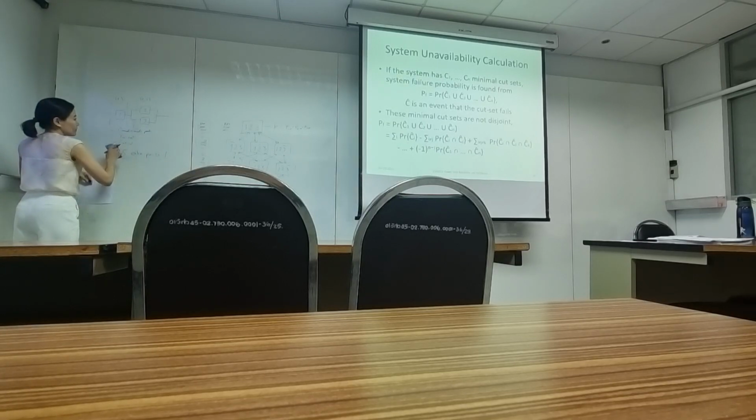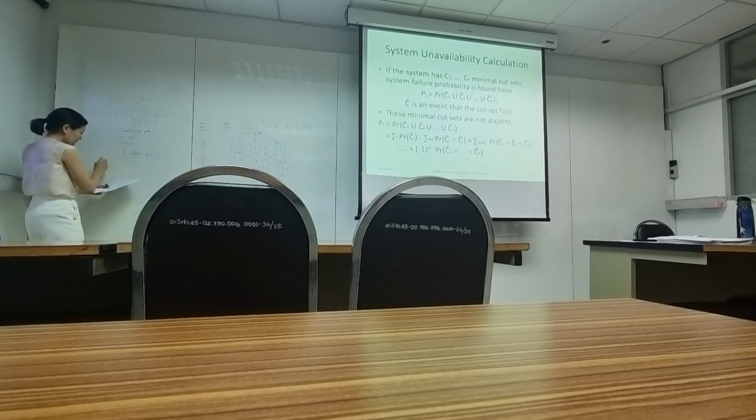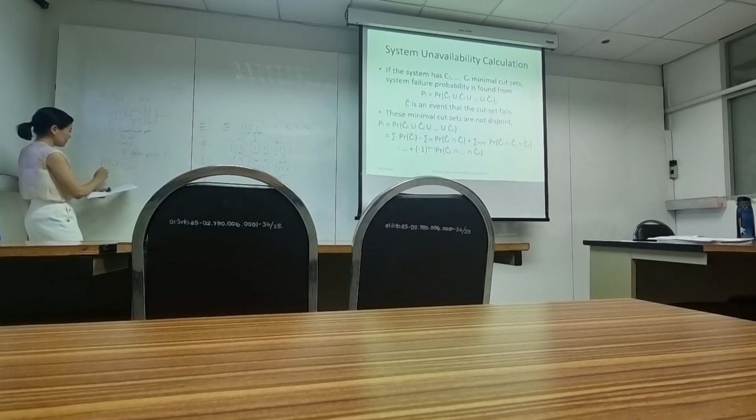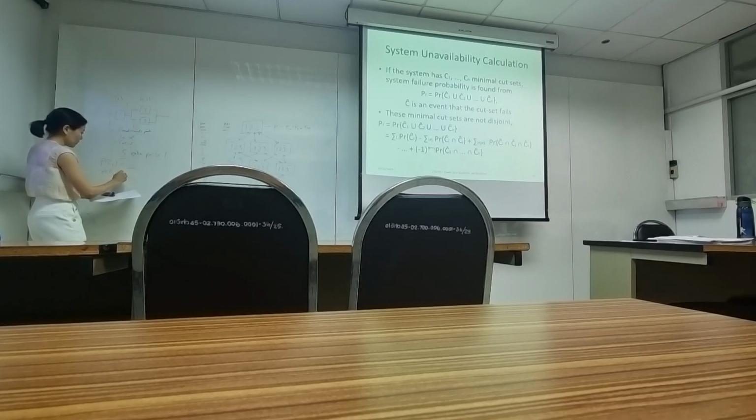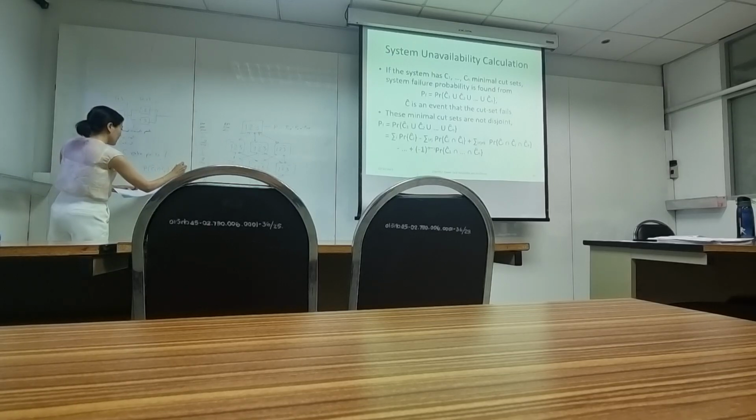So probability of C1 will be so and so, probability of C2 will be so and so, and then you find the probability of C1 and C2, which is the cut set of 1 and 2 and 3. This one gives you p to the 3.